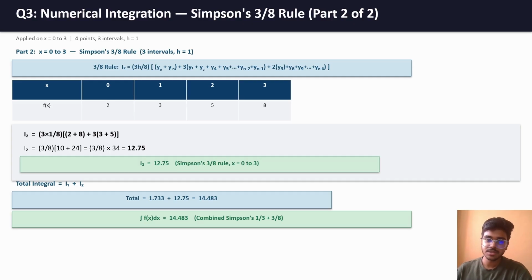The combined use of Simpson's 1/3 and 3/8 rule is necessary whenever the data has sections with a different spacing or a different number of subintervals in each section. Both rules are based on the same principle, fitting polynomial curves to the data, but 1/3 fits parabolas while 3/8 fits cubics, which is why 3/8 requires exactly 3 intervals per application.